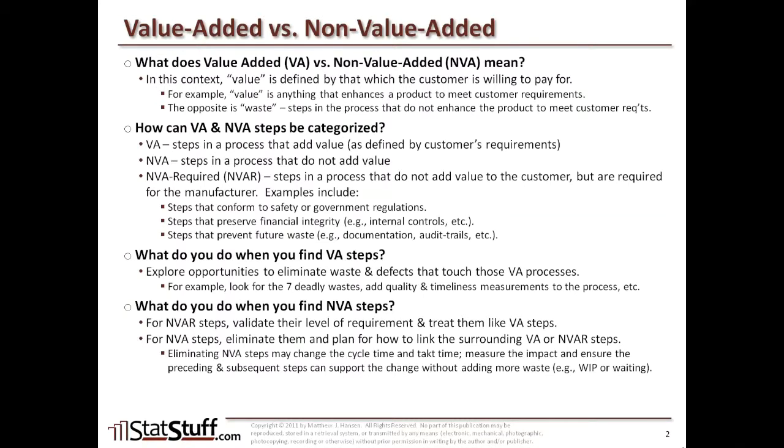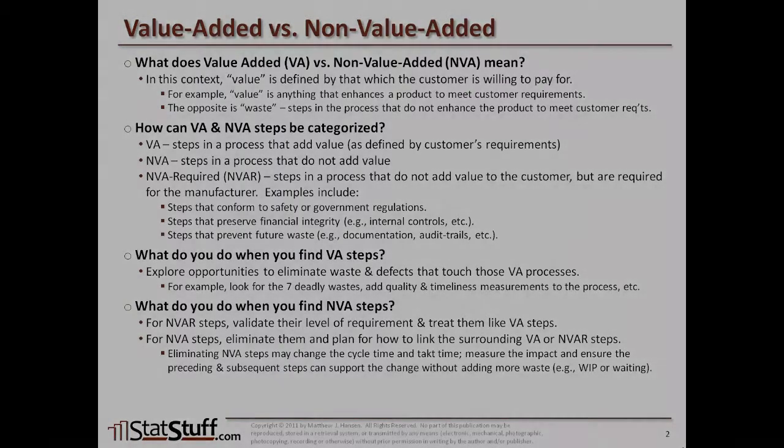As a result, you need to make sure you measure and account for that change in the overall time for that process, because it could have a difference in creating some other types of waste. Like it could help in creating some work in process or waiting. So it's important to at least try to measure and be aware of the impact those non-value-added steps are having if you were to eliminate them from the process altogether.